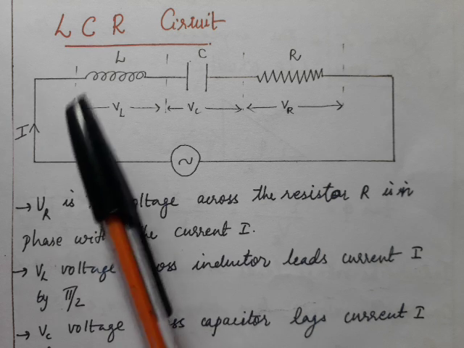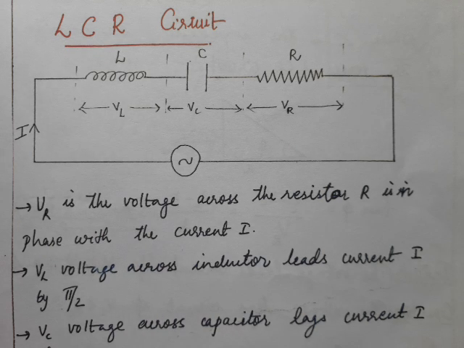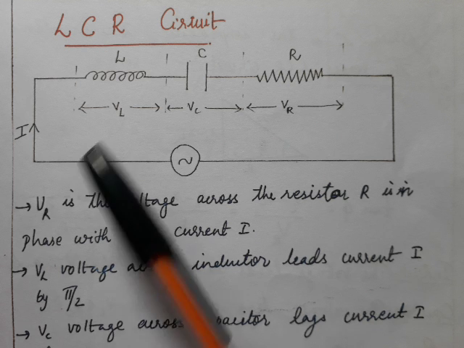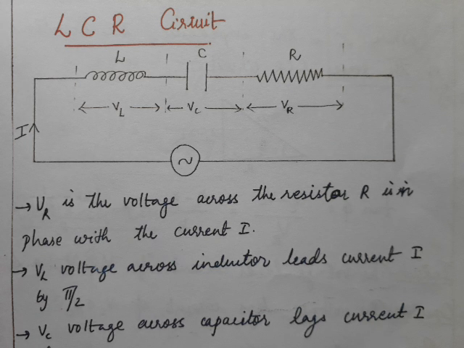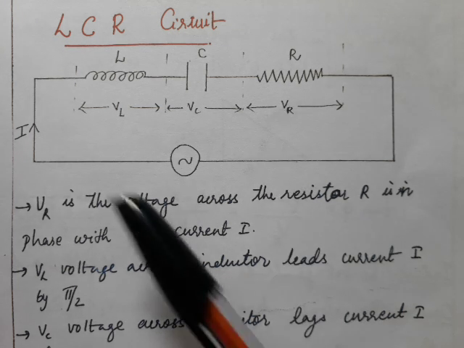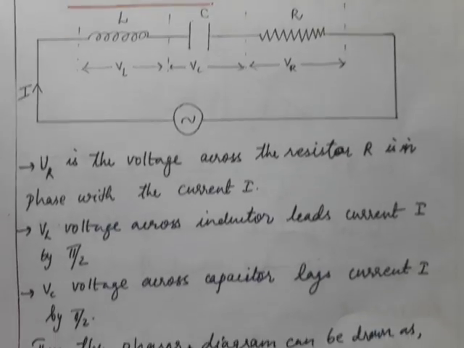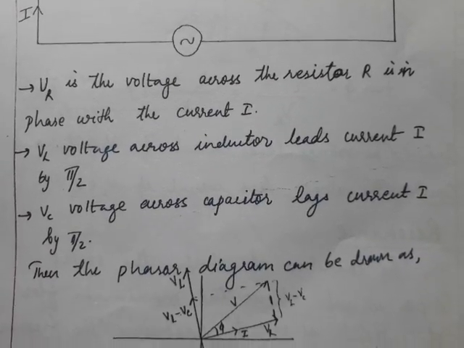But when it comes to inductor, the voltage VL across inductor leads the current by pi by 2. So remember, you have to keep all this in your mind. And across capacitor, voltage is VC, and the voltage across capacitor lags the current by pi by 2.